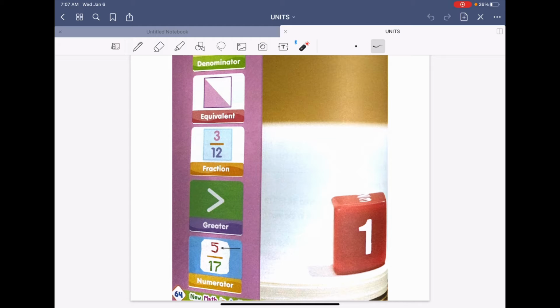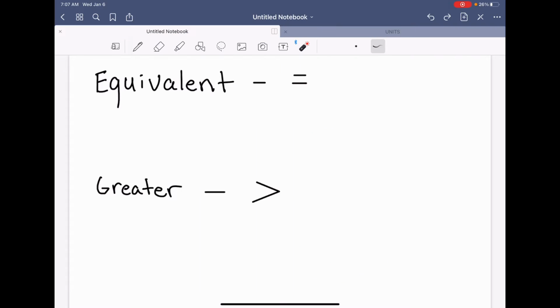So, we have two more words to learn today, and we're going to learn about the word equivalent. Equivalent. And we're also going to learn the word greater. Greater. So, let's take a look at both words. Equivalent means equals, right?